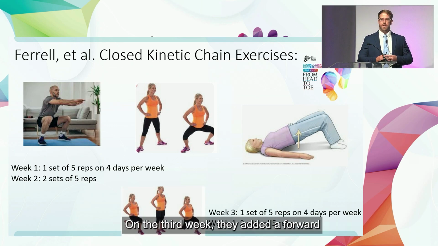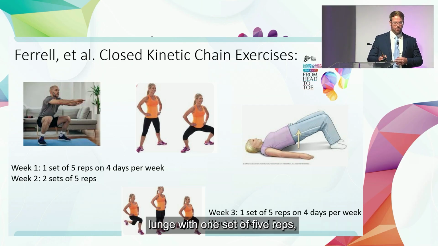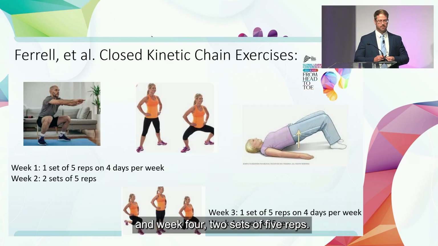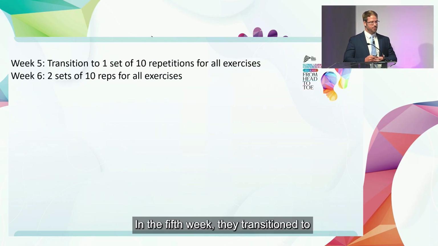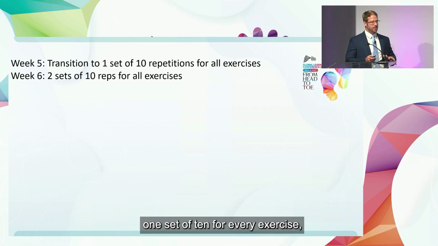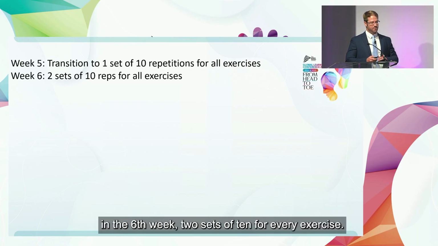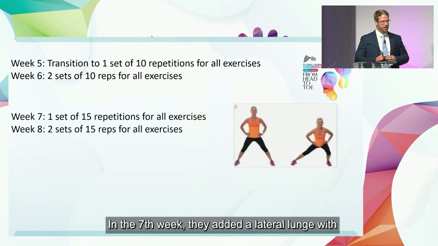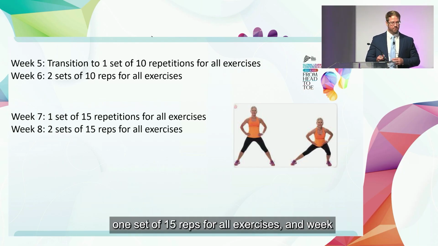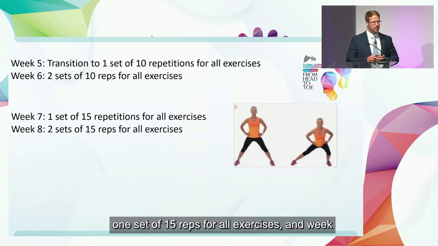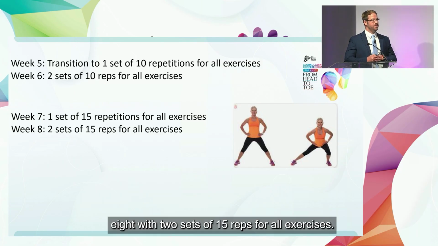On the 3rd week, they added a forward lunge with 1 set of 5 reps, and week 4, 2 sets of 5 reps. In the 5th week, they transitioned to 1 set of 10 for every exercise. In the 6th week, 2 sets of 10 for every exercise. In the 7th week, they added a lateral lunge with 1 set of 15 reps for all exercises, and week 8 with 2 sets of 15 reps for all exercises.